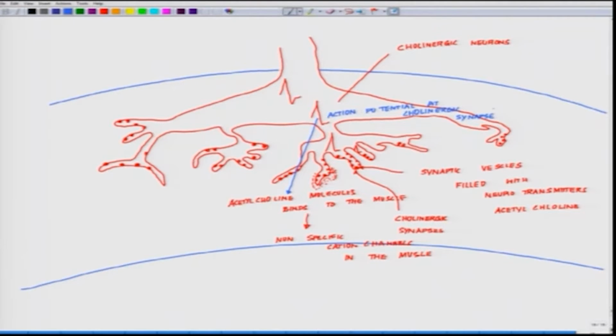Acetylcholine molecules are then secreted at the cholinergic synapse. They bind to the muscle. Non-specific cation channels are opened in the muscle. Fair enough?